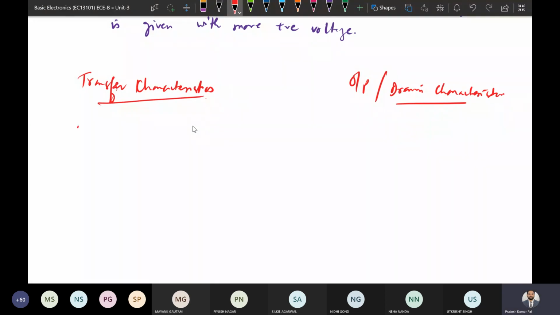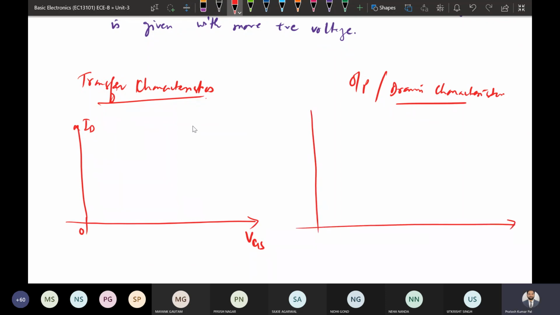So in case of the transfer characteristics, we will be plotting the ID with respect to VGS, but in this case VGS is in the positive direction. Okay, so that's why we are considering the positive side case. In case of the output characteristics, we will have the plot of ID with respect to VDS. So this VDS is positive itself.